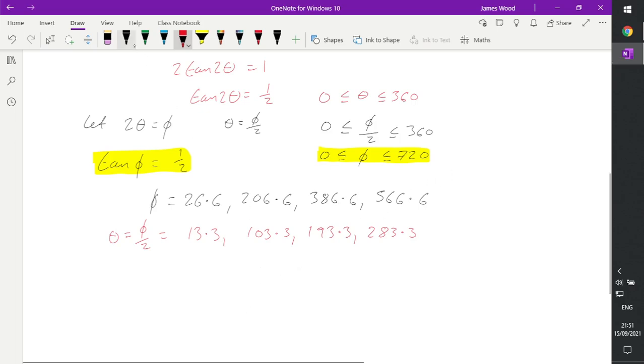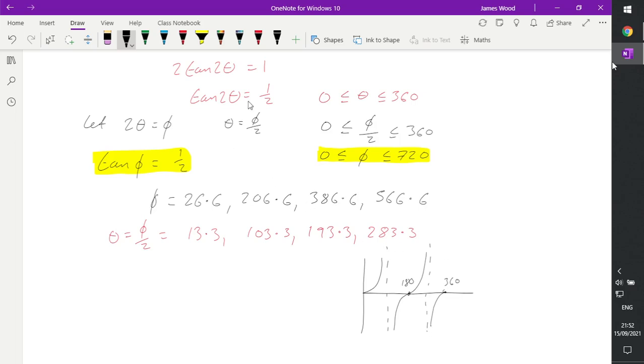If you wanted to do it without doing that, like I talked about before, consider what the graph of tan θ looks like. So normally it looks like this, where this is 180 here. There's another asymptote here, and this is 360. So normally it's periodic of 180.